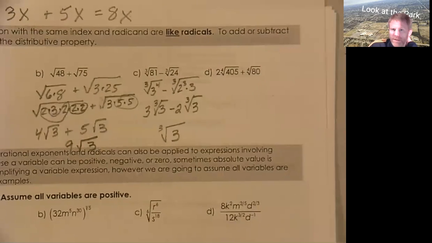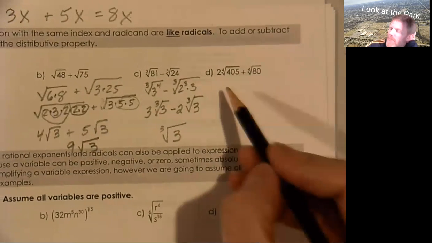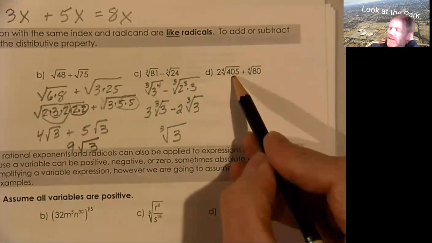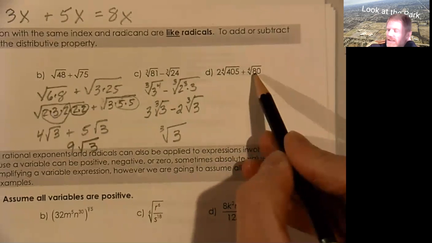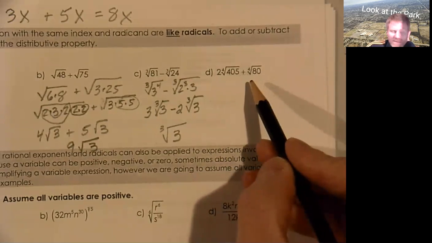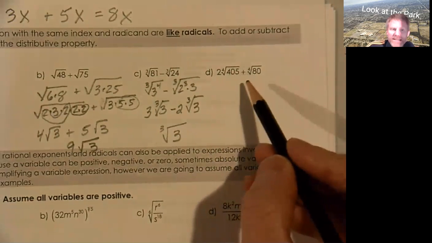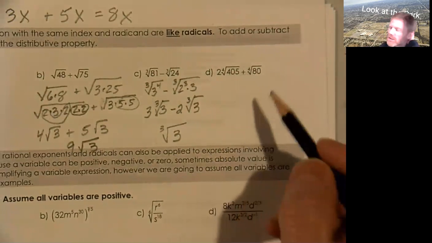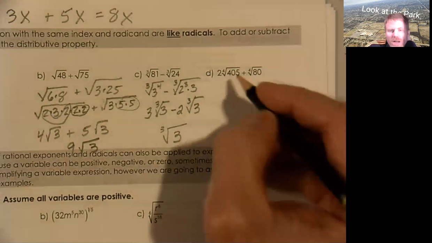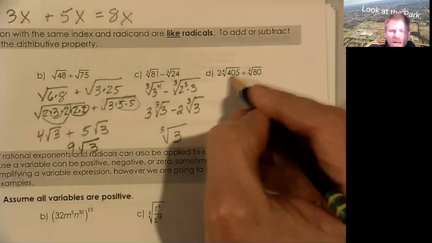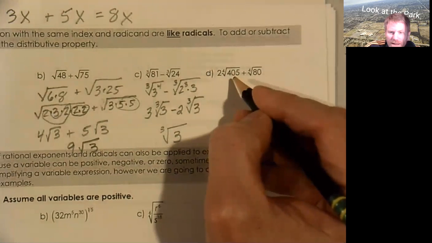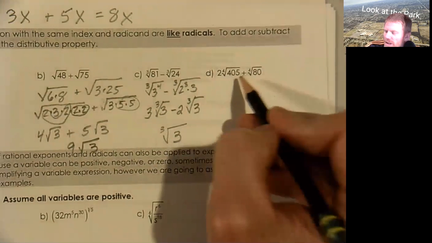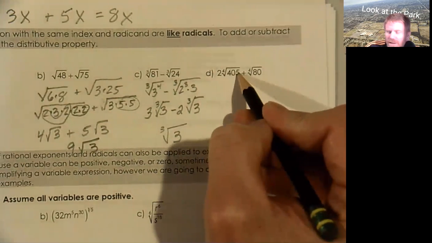All right, so now we come to letter D, and we notice that the radicands, the part inside the radical, are different. If they're different, we can't do this. We need them the same. So we're going to look at 405 and try to break it down. I kind of see the 40 and the 5.